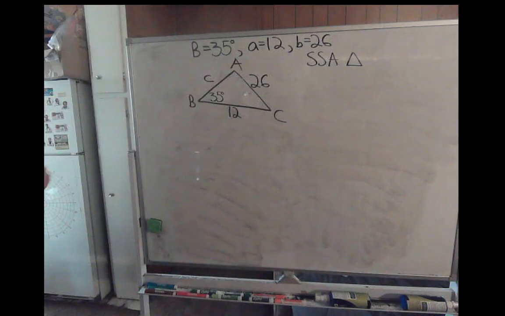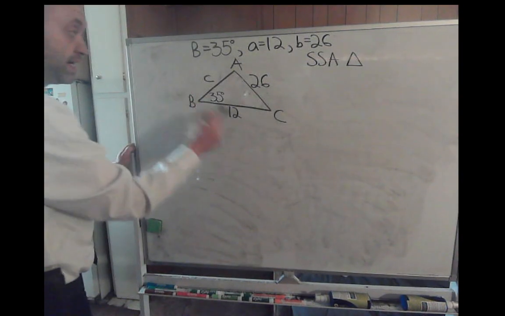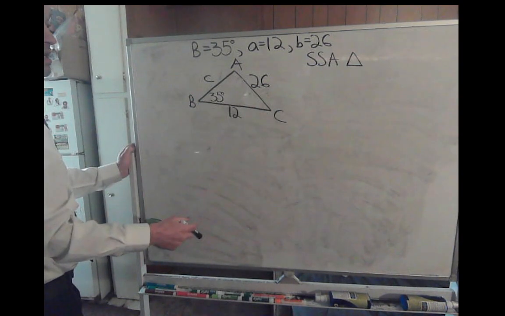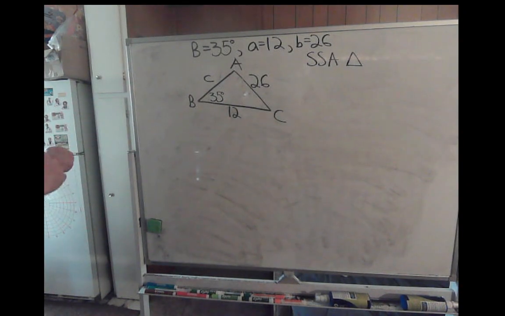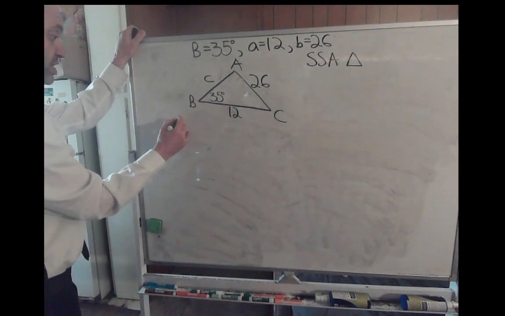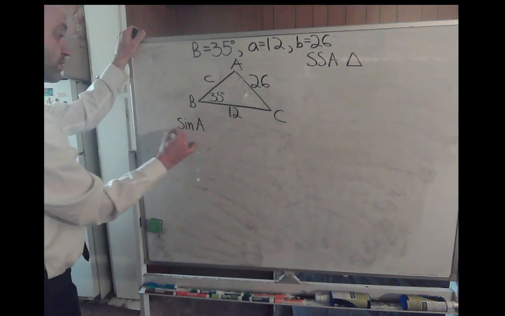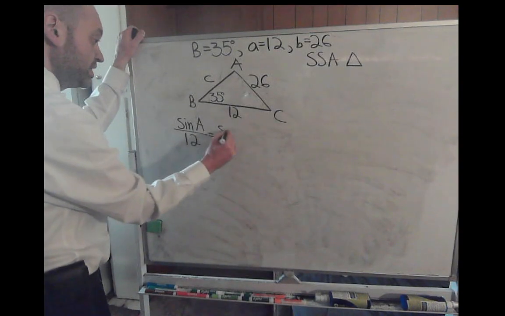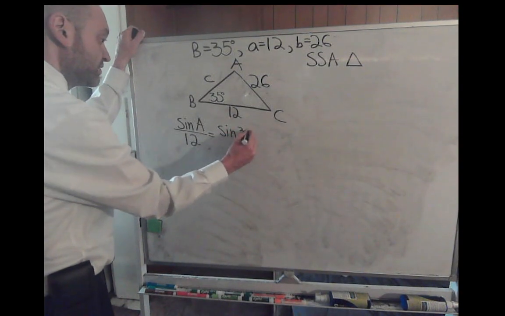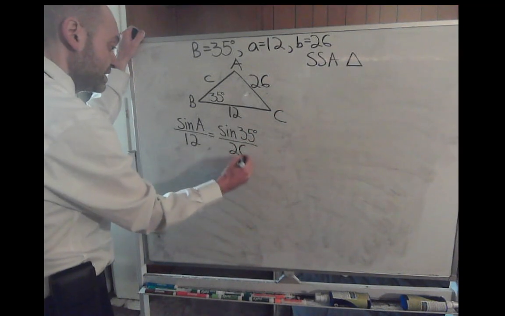Well, let's see here. We want to find an angle. We know both angle B and side B. Now we know side A, but we don't know angle A. So let's go for angle A. Let's set up our ratio. So that means the sine of A all over 12 equals the sine of B, which is the sine of 35 degrees, all over that 26.